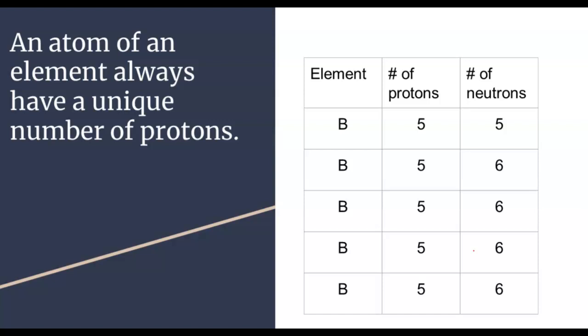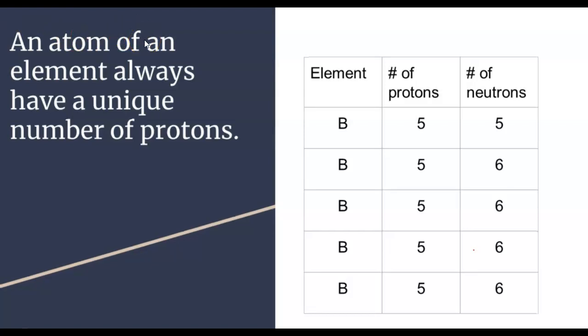An atom of an element always has a unique number of protons, but the number of neutrons can vary in an atom, and it still maintains its identity. So in this example, boron has 5 neutrons and is still boron, and it has 6 neutrons and it's still boron. The one thing that is consistent is that it always has 5 protons.